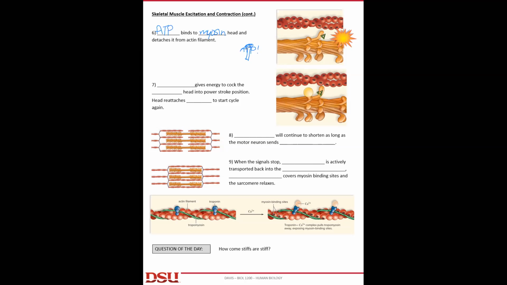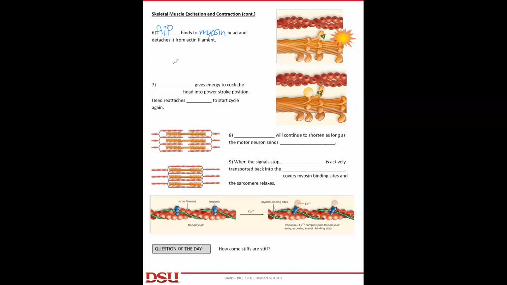And it's going to bind to the myosin instead and kick out the actin. Okay, so it's kind of like ATP is the new girlfriend and she kicks you out, or the new boyfriend, however you want to look at it. Okay, ATP binds to the myosin head, detaching it from the actin, making the actin let go.